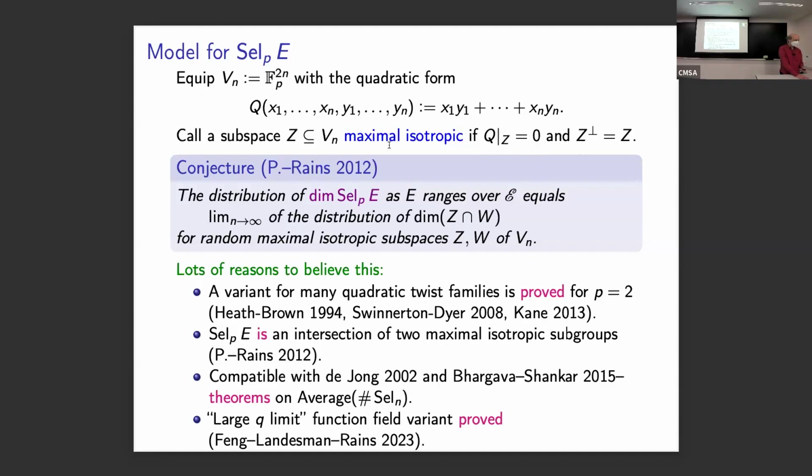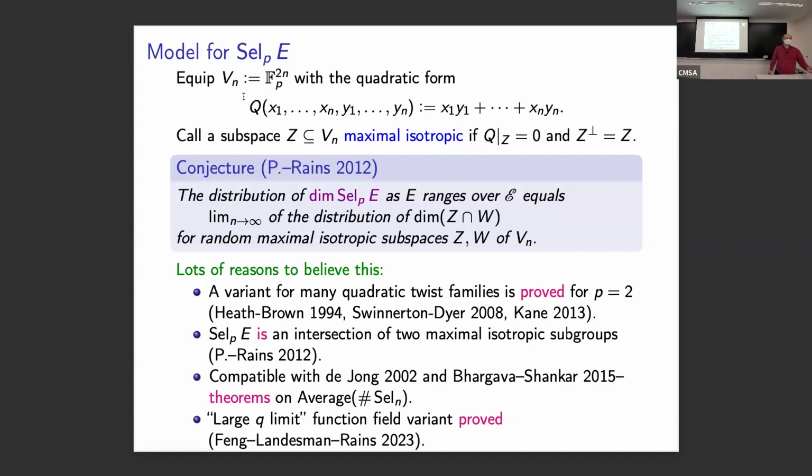Anytime you have a maximal isotropic subspace, it has half the dimension of the whole thing. And this is a finite field, so there are only finitely many subspaces altogether for any given n and p. So it makes sense to choose a maximal isotropic subspace at random.